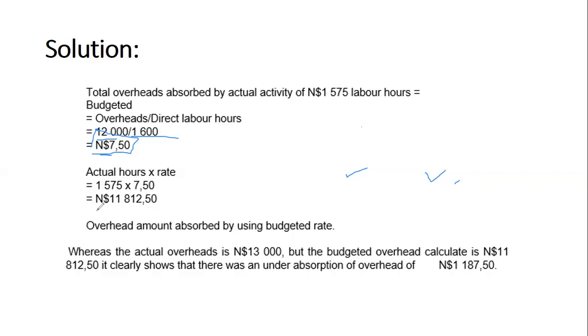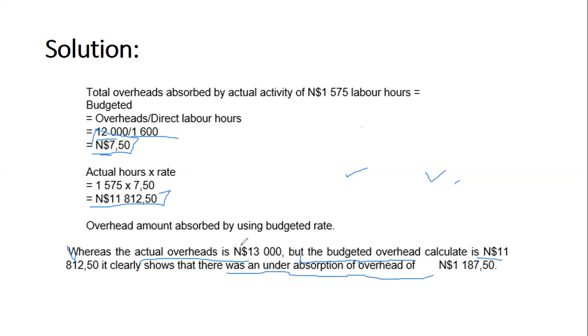And the amount you get here is the amount of overhead absorbed. We're told that the actual overhead is 13,000, but the budgeted overhead calculated is this amount here. It clearly shows that there was an under absorption of overheads.